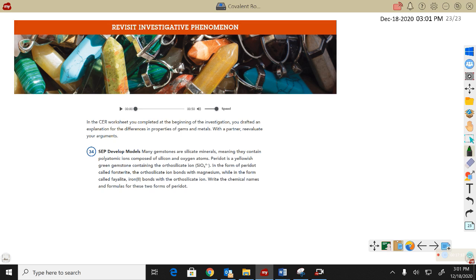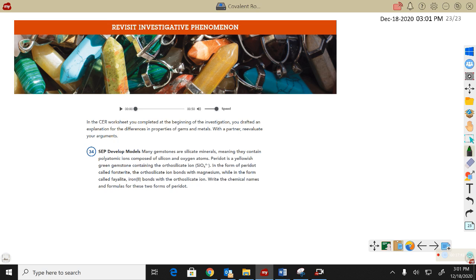Awesome. So then finally, speaking of ionics, question 34 goes back to this whole idea of gems and ionic gemstones and crystals. Many gemstones are silicates. There is one called peridot. It is a yellowish green gemstone containing the orthosilicate ion.